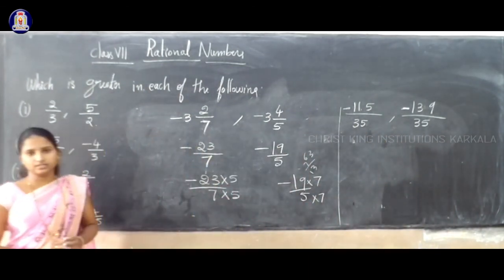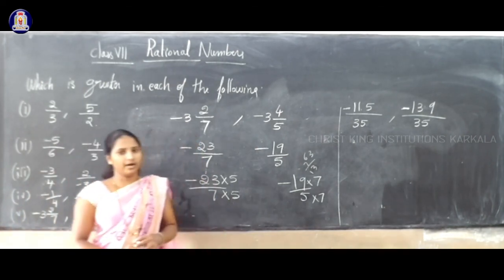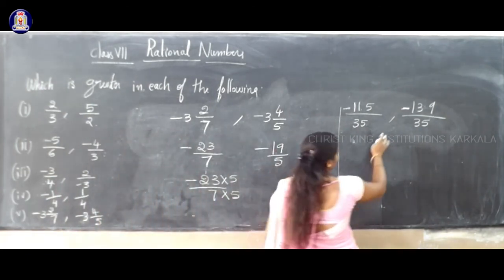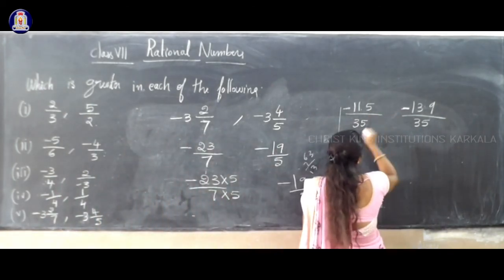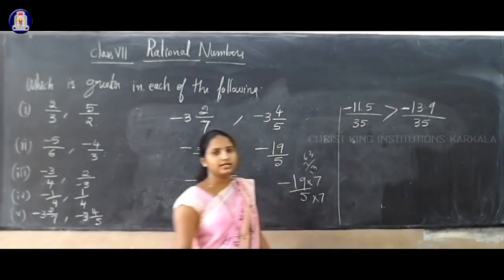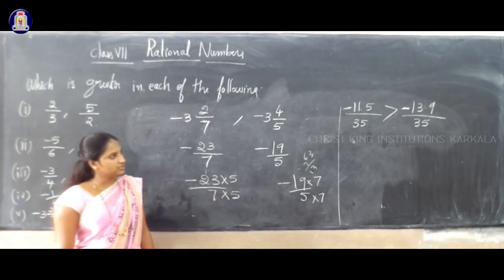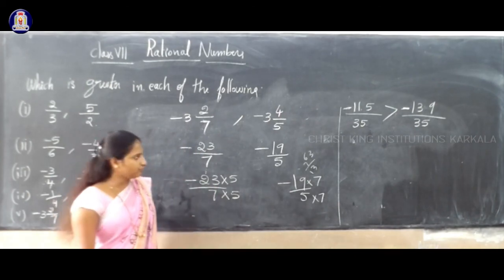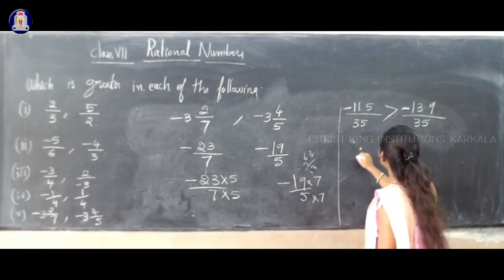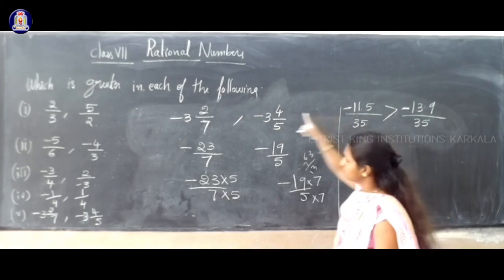So in this, minus 115 is greater than minus 139. So we can say that minus 115 is greater than minus 139. Therefore minus 115 by 35 means this fraction.